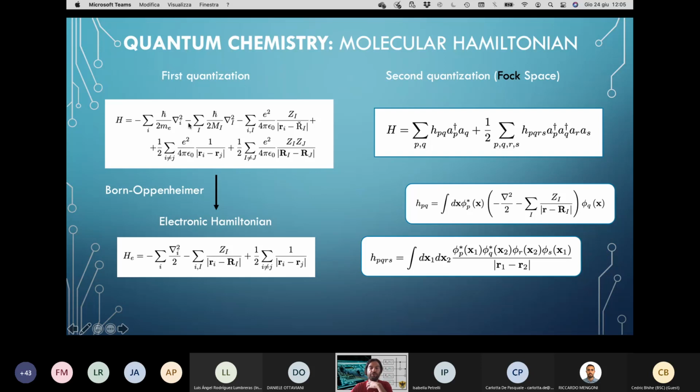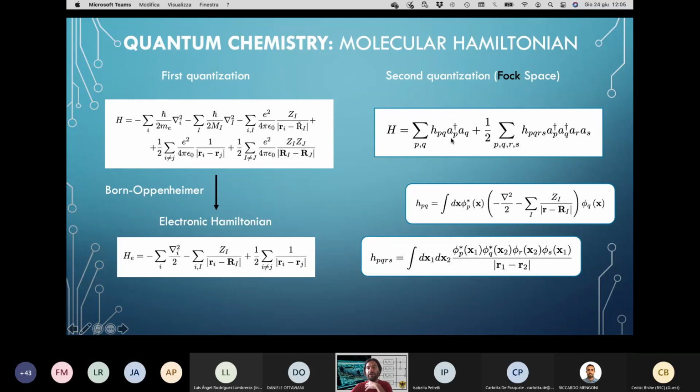Basically, you go from the Hamiltonian written like that in this scheme to a Hamiltonian written like that. A Hamiltonian written like that is the second quantization Hamiltonian, which is described in terms of these creation operators.